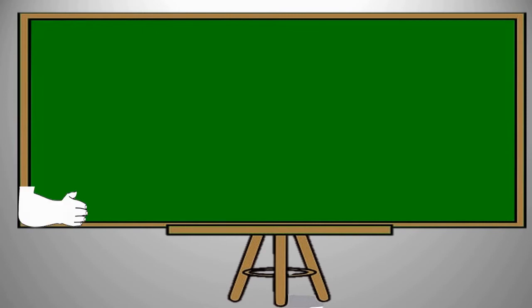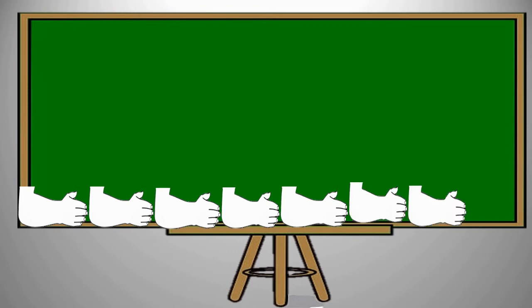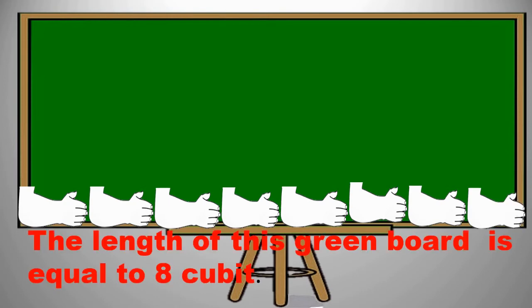1, 2, 3, 4, 5, 6, 7, 8. So the length of this green board is equal to 8 cubits.